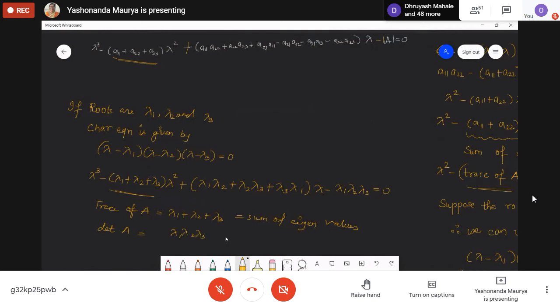In fact, we can also compare the other coefficients, so these two numbers are also the same when we have a 3 by 3 matrix. These results are very helpful to solve objective problems quickly.